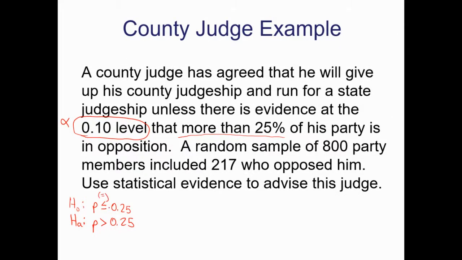Equal. Okay, so there's our null and our alternative. Now keep in mind, P is the true proportion who opposes the judge.